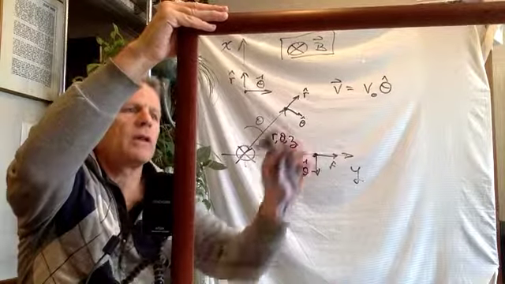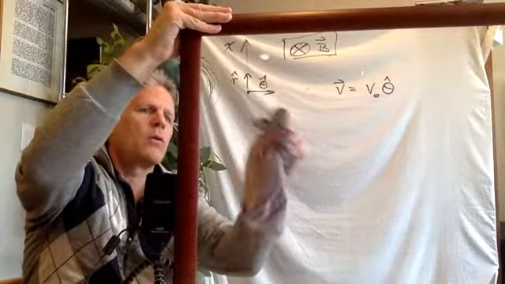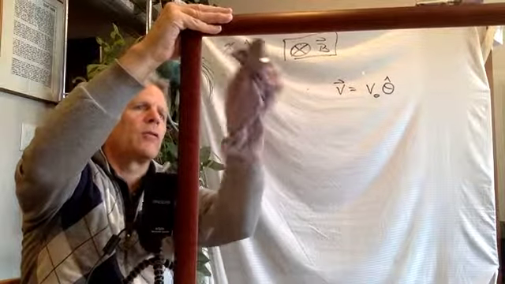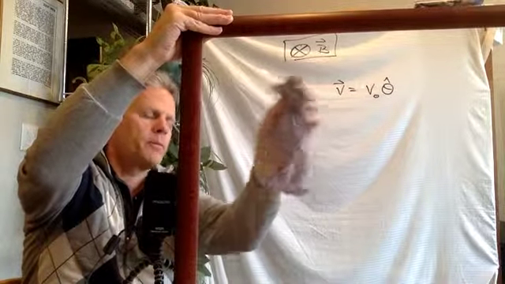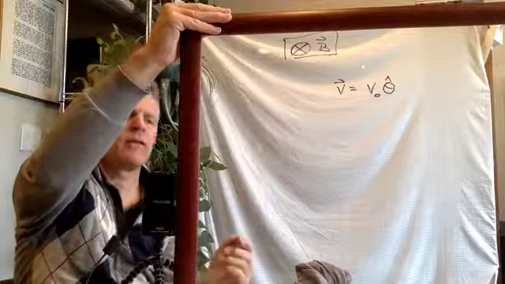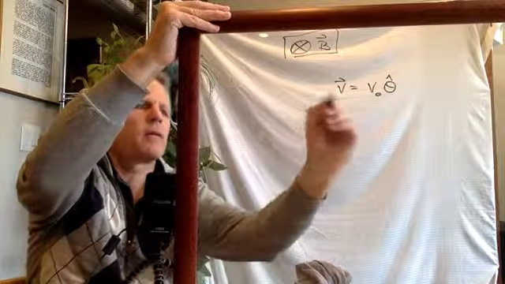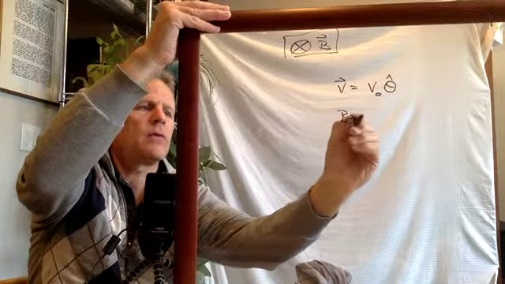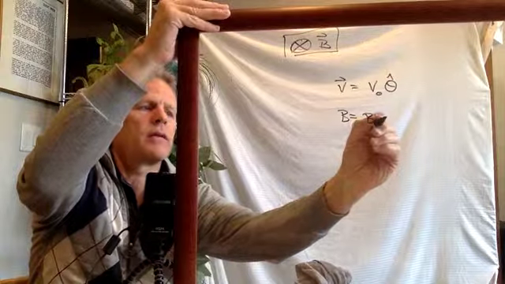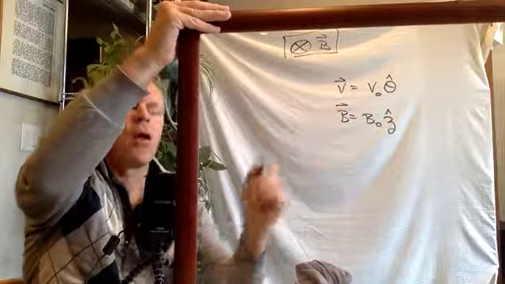We can go ahead and do the exact same cross product that we did before. Our B, we know, is in the z hat direction. So I'll go ahead and write that, B equals B0 z hat, and leave it at that.